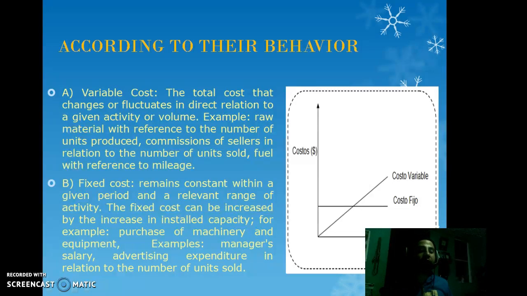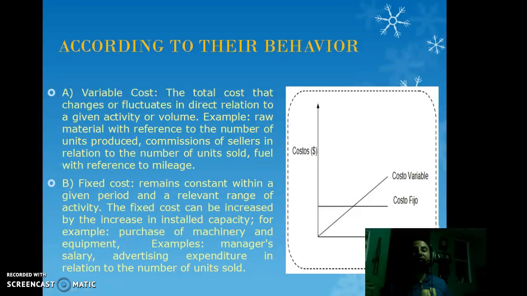It depends on the demand. For example, the demand requires a specific quantity, and a company establishes a specific volume thanks to that.